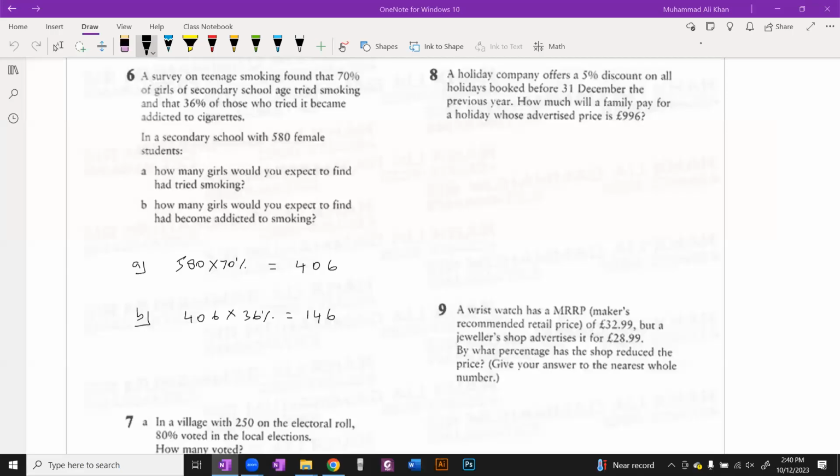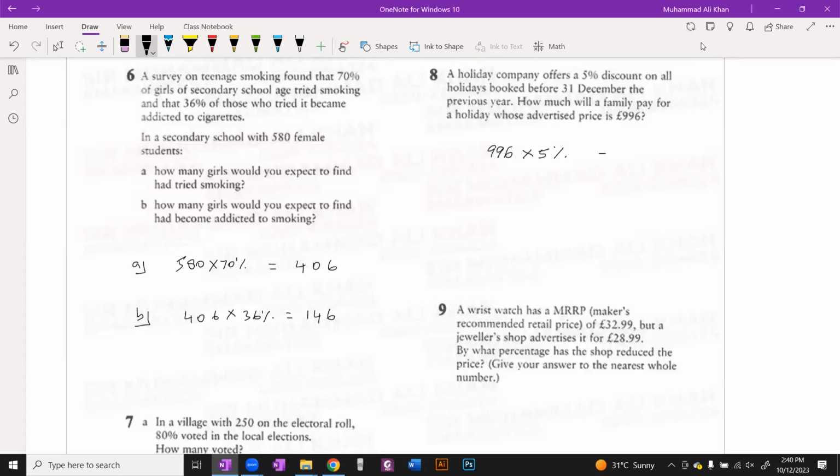A holiday company offers a 5% discount on all holidays booked before 31st December the previous year. How much will a family pay for a holiday whose advertised price is £996? क्या हो जाएगा जनाब? 996 multiply by 5%.